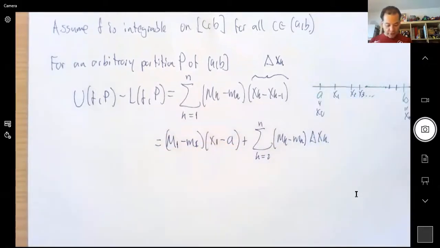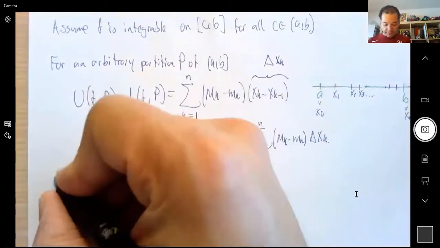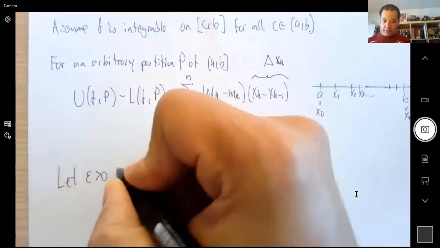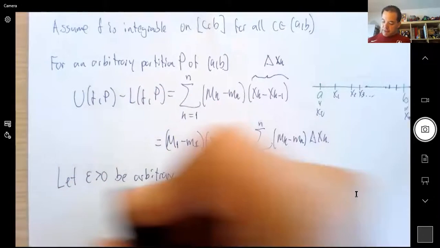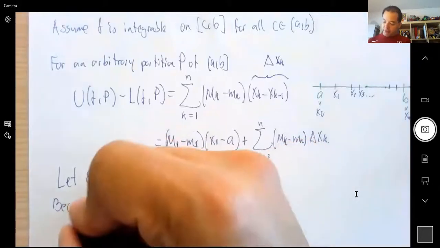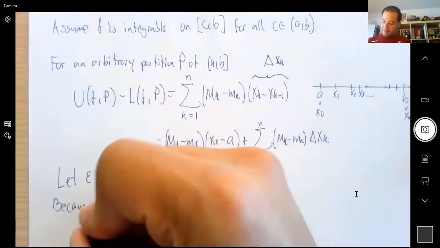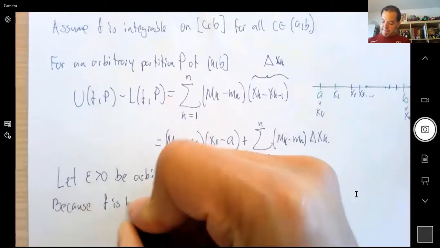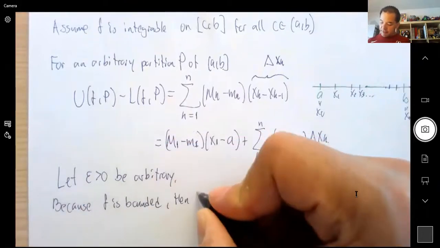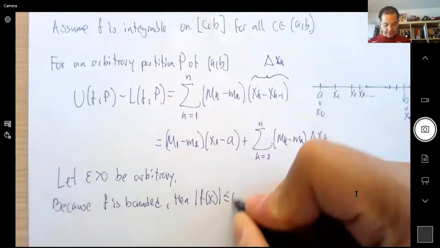Okay, so now let's just put it all together. Let epsilon greater than 0 be arbitrary. So first I'm going to control this M1 minus m1. Because f is bounded, then I know that the absolute value of f of x is smaller than M, right?